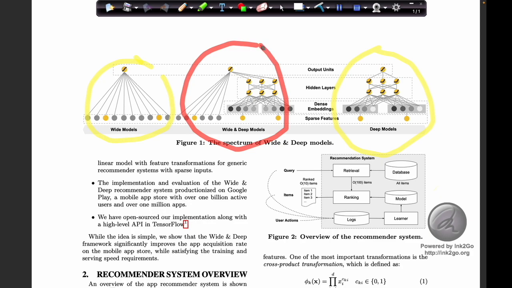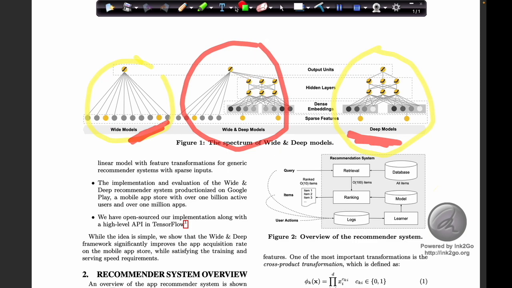This wide and deep neural model performs both memorization and generalization. Memorization is learning the best feature combinations, whereas generalization is learning from the raw, unseen data.